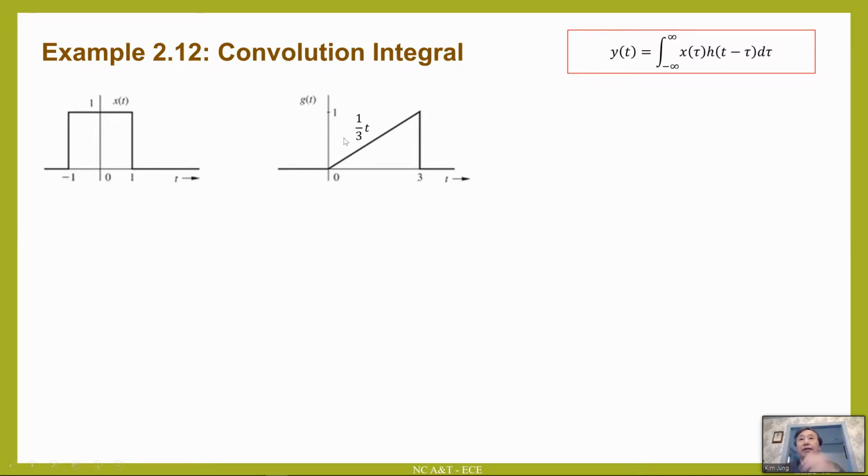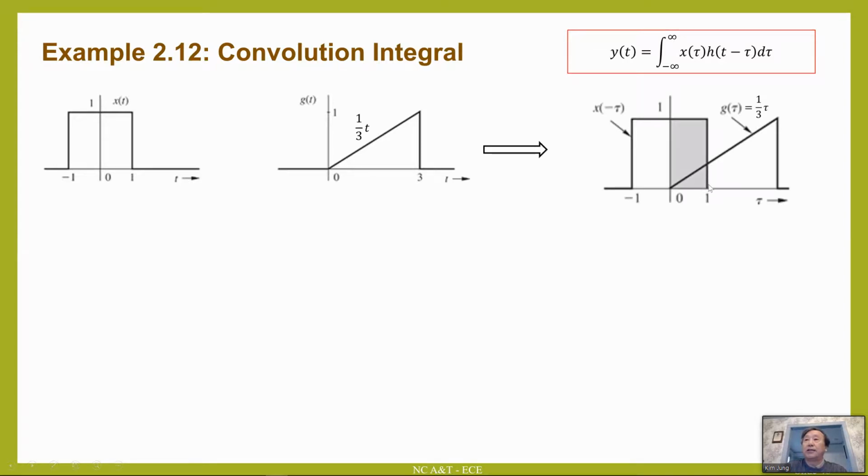g of t is a ramp function, so we change it to just the tau domain. The tau domain is g of tau, 1/3 tau, and t is tau. So just the tau domain, like this. And then x of t, we just flip it, because it is an even function.